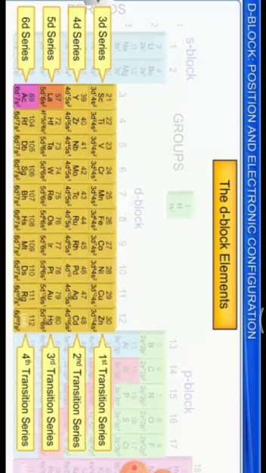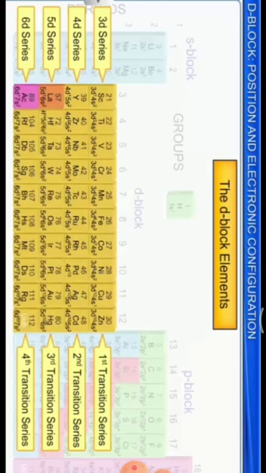Again, these are 10 elements. In this series, the 4d orbital is progressively filled. In 3d series, 3d orbital is progressively filled, and in 4d series, 4d orbital is progressively filled.